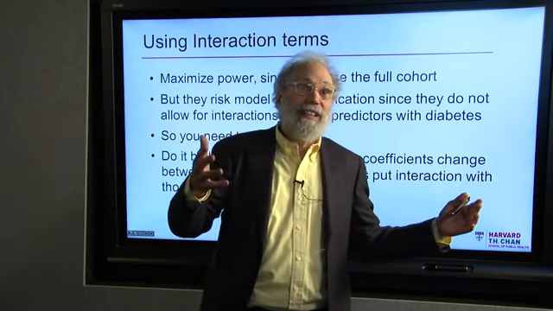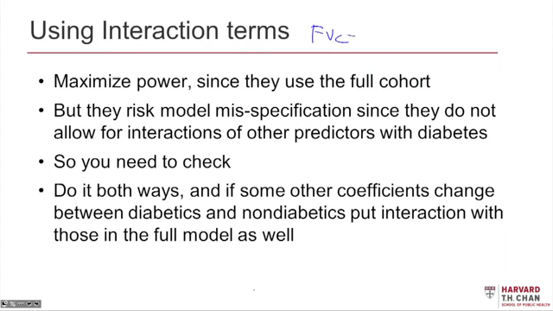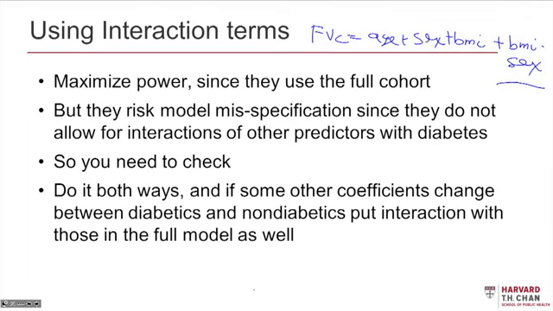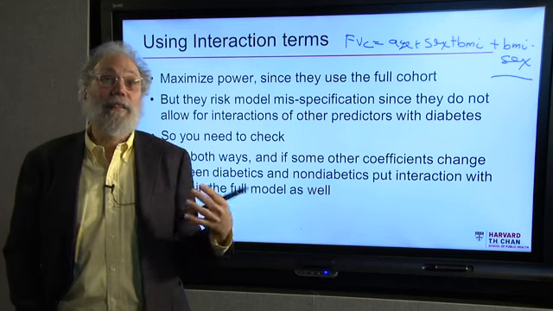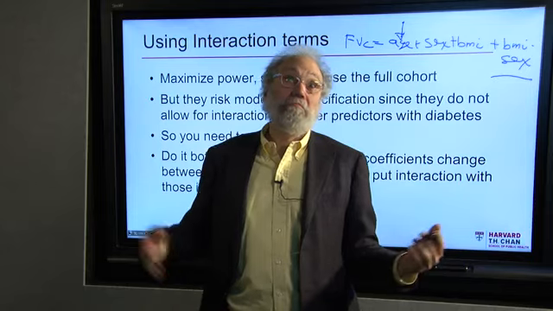So the alternative is then I just put in an interaction term of BMI with sex. And the problem is, well, what if the effect of age is, as I claimed a couple of slides ago, different between boys and girls?